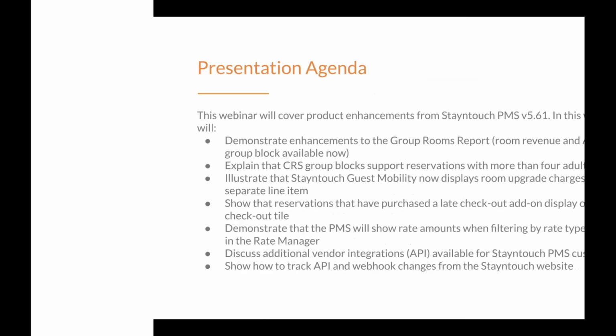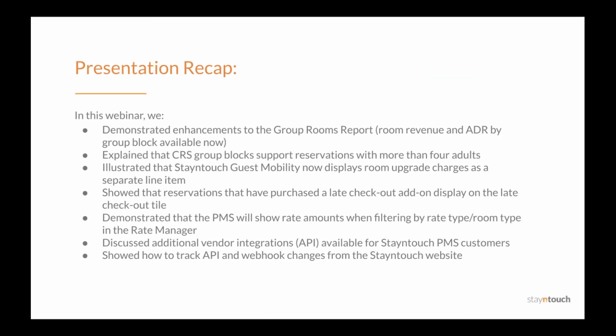All right, so in this webinar, we demonstrated enhancements to the group rooms report, meaning that room revenue and ADR by group block are available now. Explained that CRS group blocks support reservations with more than 4 adults. Illustrated that Stayntouch Guest Mobility now displays room upgrade charges as a separate line item.